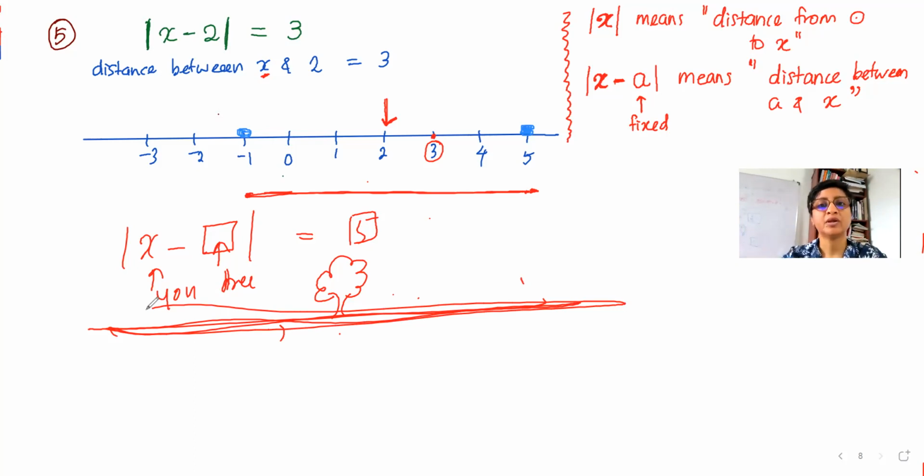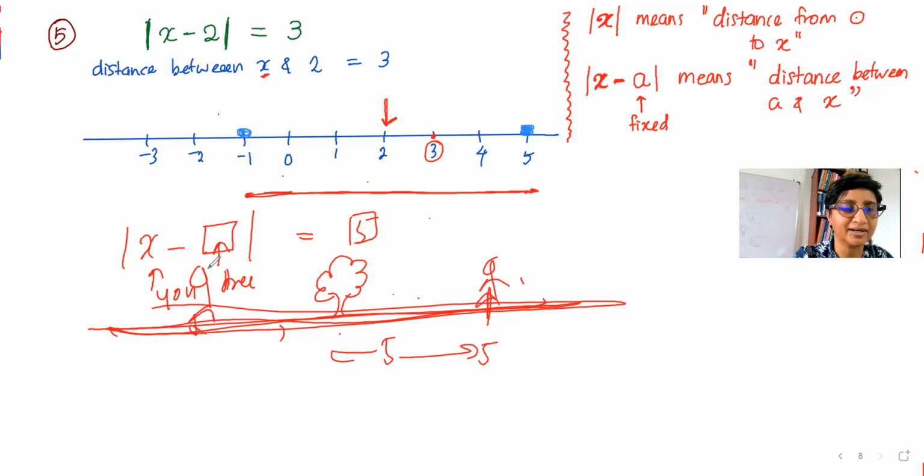What are the positions you can be in so that the distance from the tree to you is 5 units? You can be 5 away on this side of the tree. This is you. You can go and stand here, or you can go and stand here. Isn't it? Think like that.